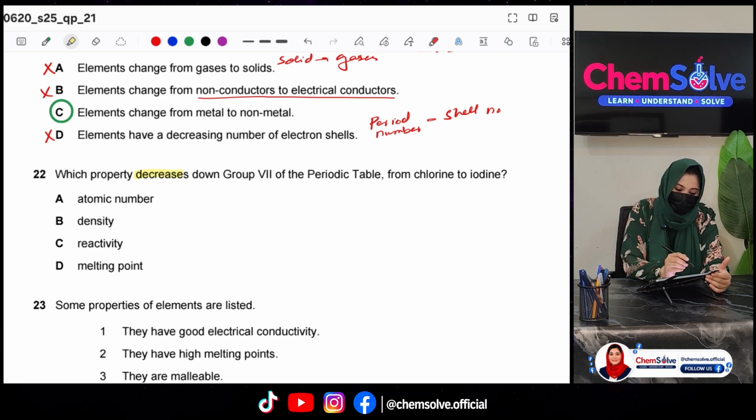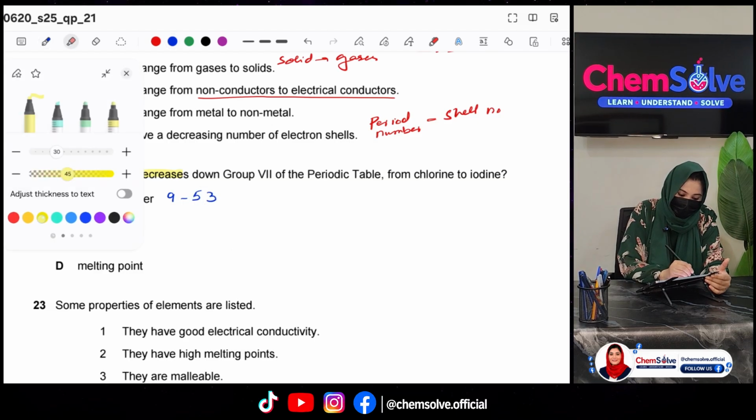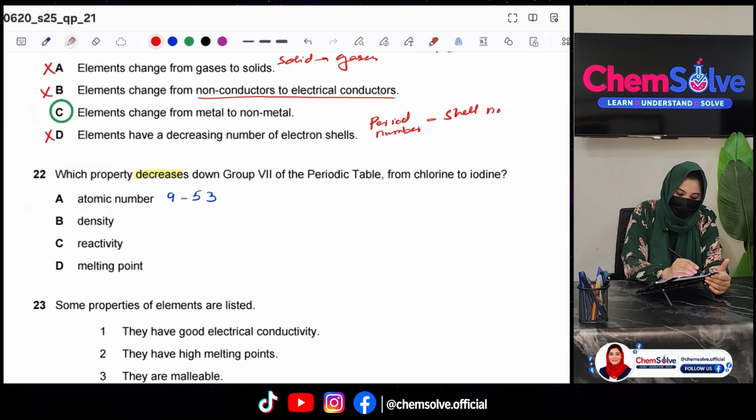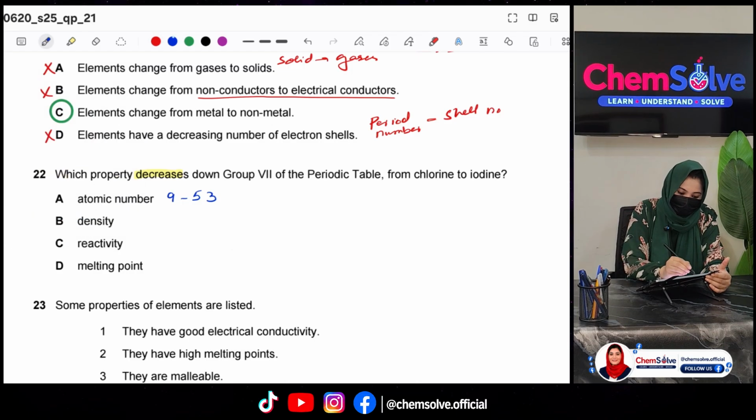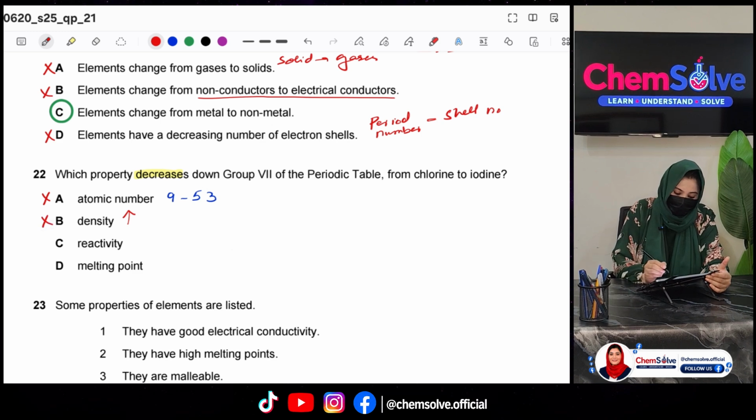We just discussed that atomic number increases from 9 to 53. It is increasing, so this option is incorrect. Density also increases as we move down the group, so this option is also incorrect.